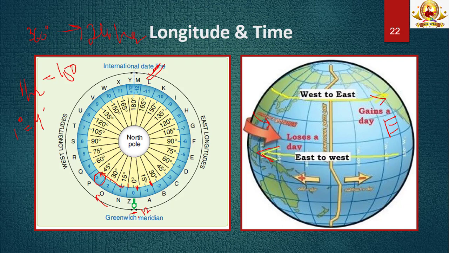If it is 12 noon here, it will be the next date 12 noon here. And if we move backwards from here, it will be yesterday 12 noon. So when we move from west to east of the international date line, we gain a day. And when we move from east to west of the international date line, we lose a day.